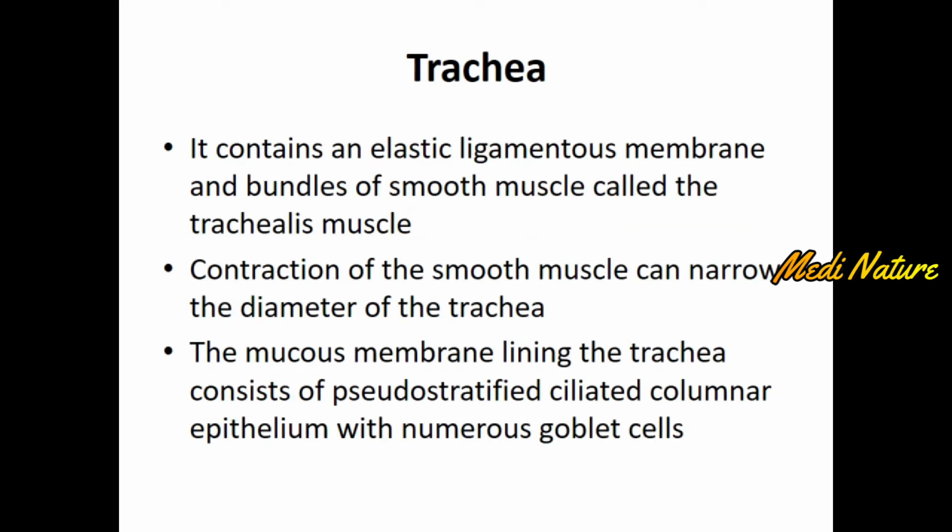As I have mentioned earlier, the wall of the trachea also contains a layer of smooth muscles, which is called the trachealis muscle. Contraction of the smooth muscle layer can narrow the diameter of the trachea. The mucous membrane is lined with a pseudostratified ciliated columnar epithelium which contains numerous goblet cells.